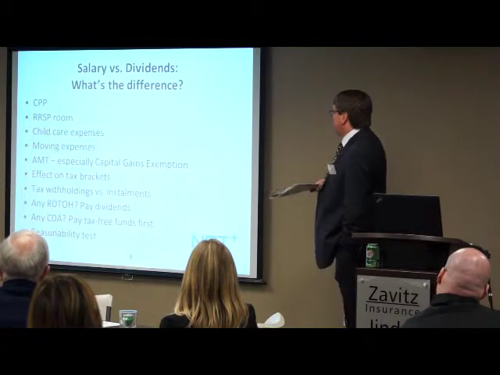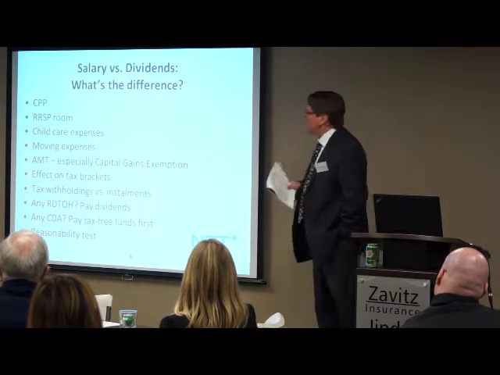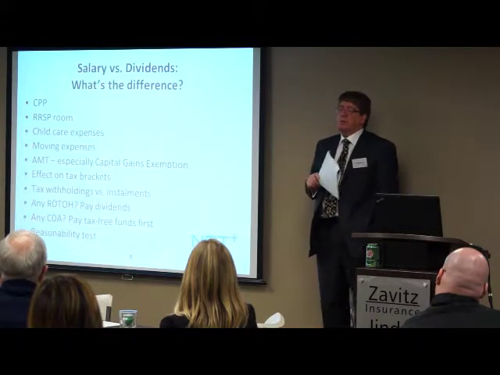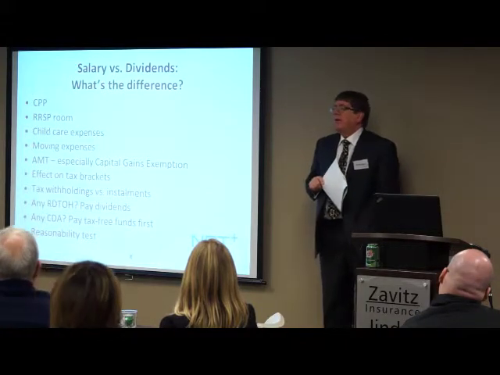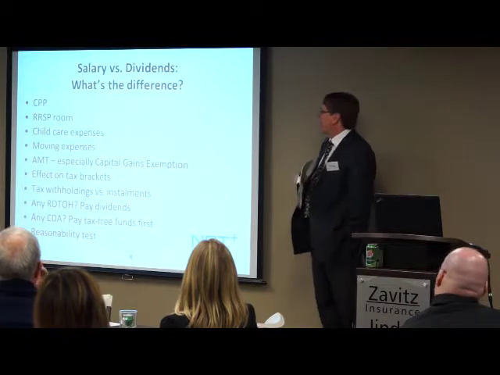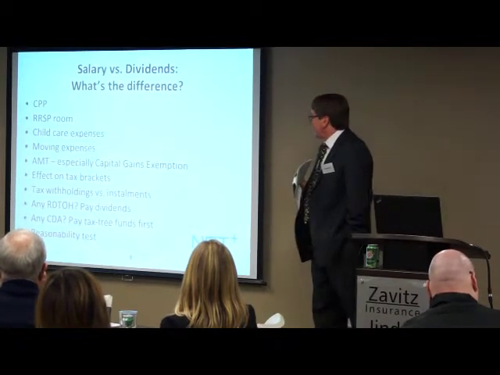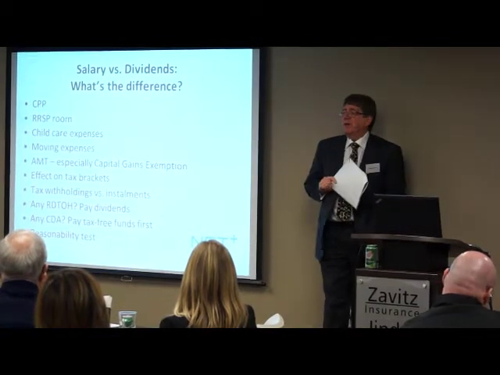A couple of corporate concepts. I hate to go into this in too much detail, but there's income that's earned by a corporation from portfolio investments, interest or dividends or capital gains, and that generates some odd account balances in the corporation.